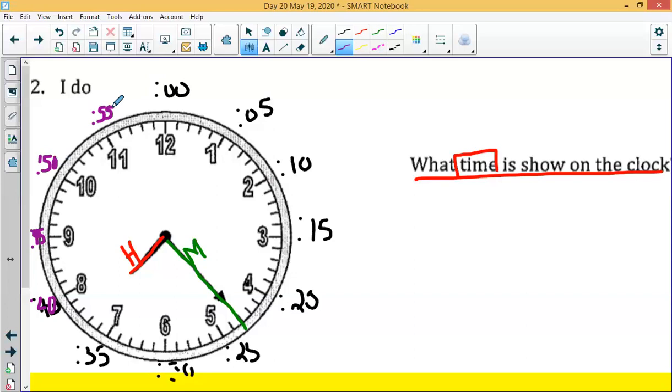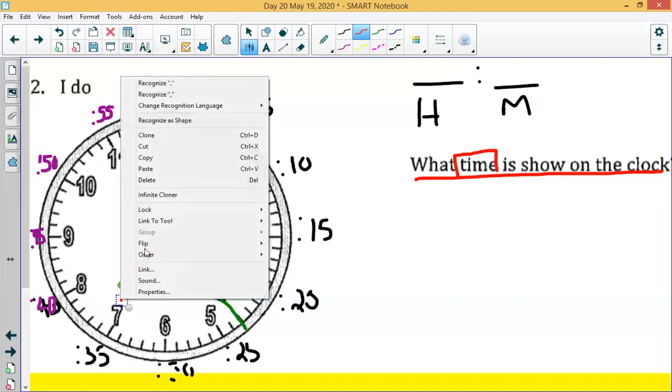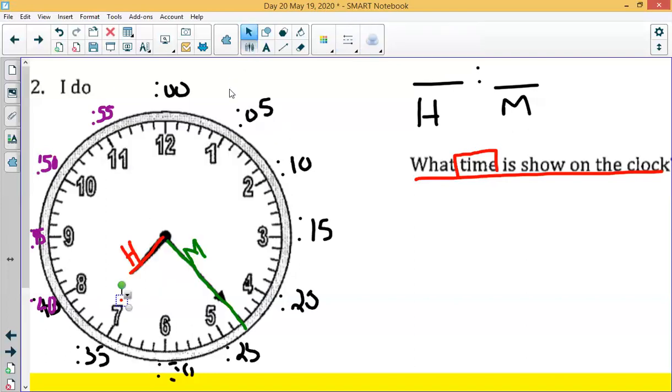All right, so the first thing we need to do is figure out our hour. And then we need to figure out our minutes. All right, let's look at our hour. Notice that our hour hand is in between the number 7 and 8.